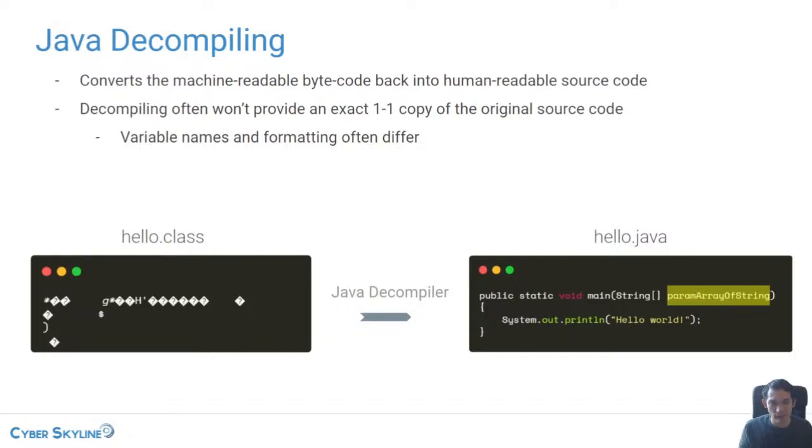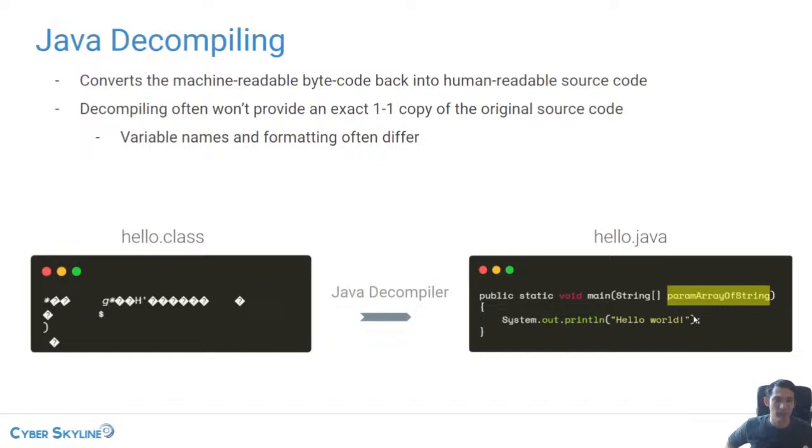Oftentimes after you do the decompilation, if you need to continue with reverse engineering, you might need to go through the code line by line and start renaming the variables so that they're more helpful to you, so that you know what they actually mean. Right now, this param array of string is not particularly helpful. And this is a relatively simple program, so you might not need to bother with renaming the variables. But when you're looking at a much longer program that you've decompiled, it may be very helpful, especially with multiple different functions.